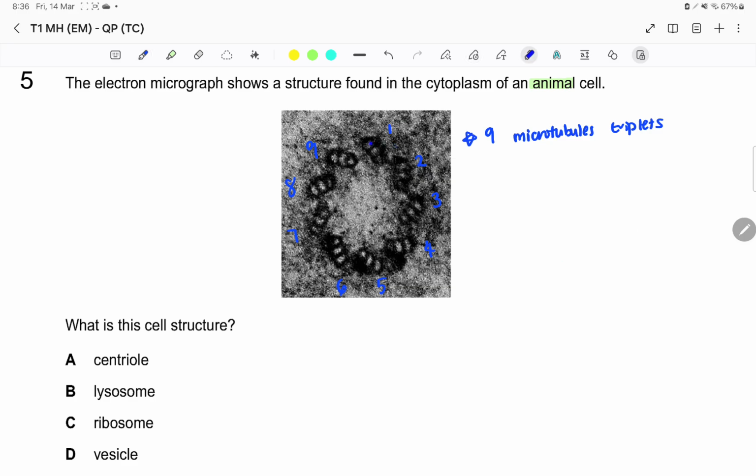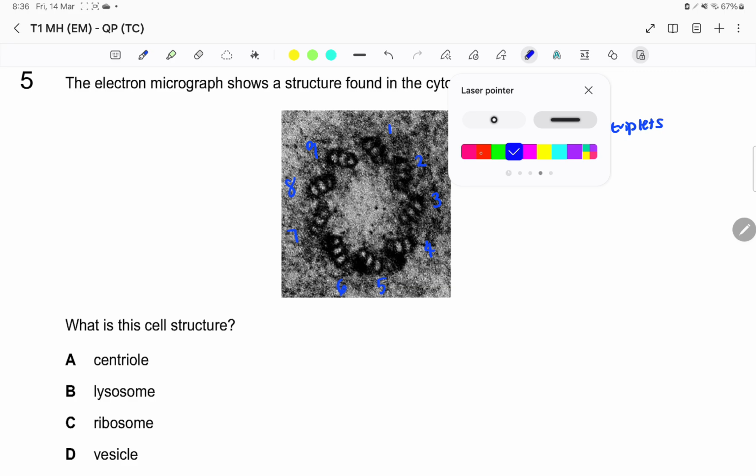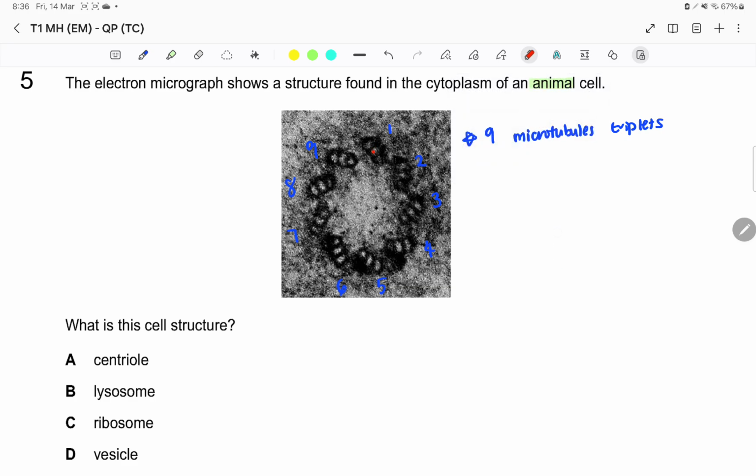And if you notice the interesting features that we can also find here, I'm going to use red, hopefully you can see it better, is the orientation of these triplets is almost 90 degrees to one another in the next triplet. Really interesting. So that's one of its identifying features that we should not miss, and hopefully you can remember this in the future too.